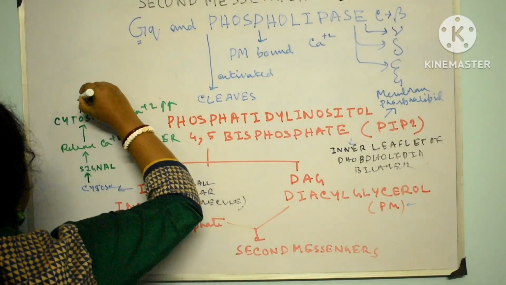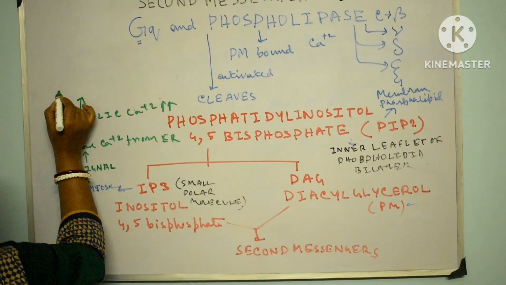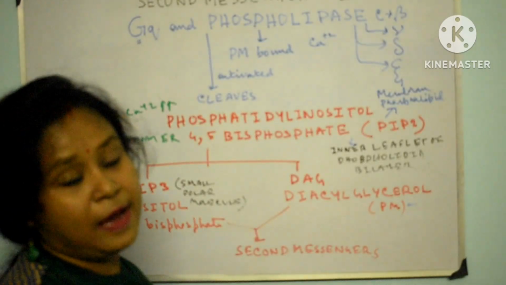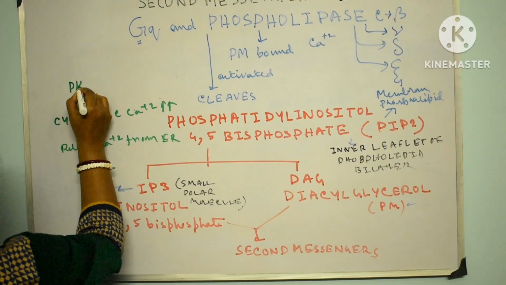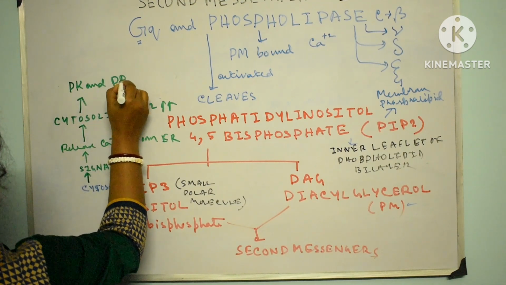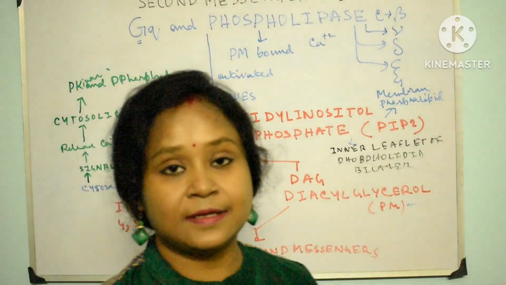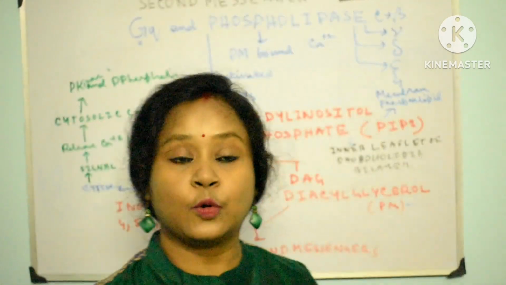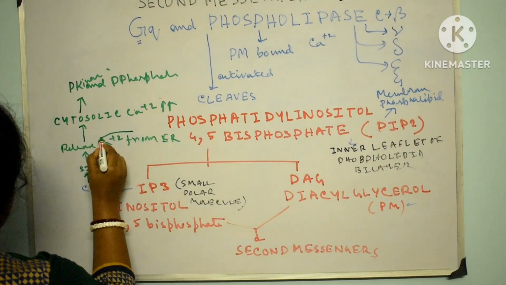This elevated cytosolic calcium level affects the activation of a variety of target proteins like protein kinases and protein phosphatases. So these protein kinases and protein phosphatases are final target proteins of IP3.